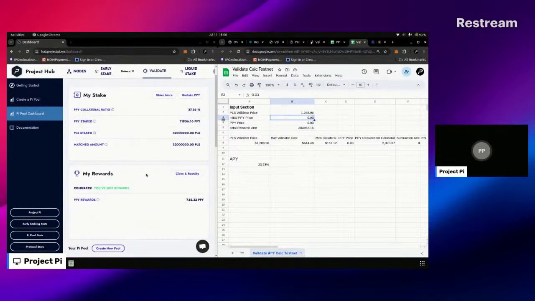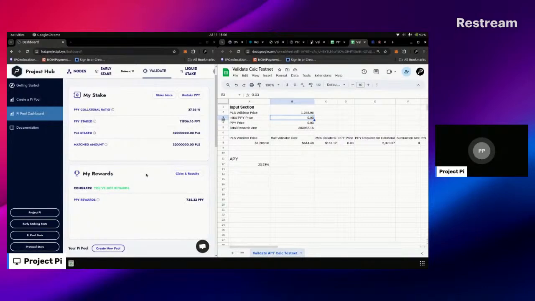I wanted to bring this talk up, because I know everyone is curious to know the APYs: if you were able to bring your own PulseChain validator node to PyPool, what would be the actual APY?